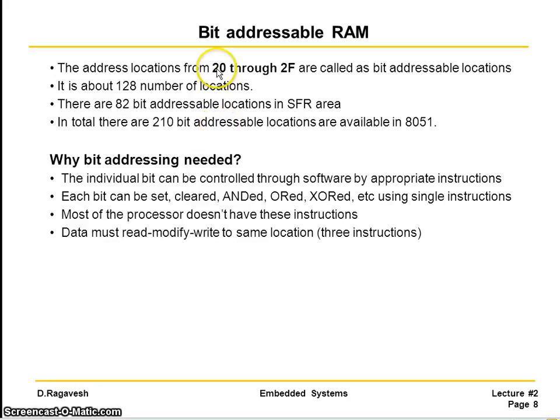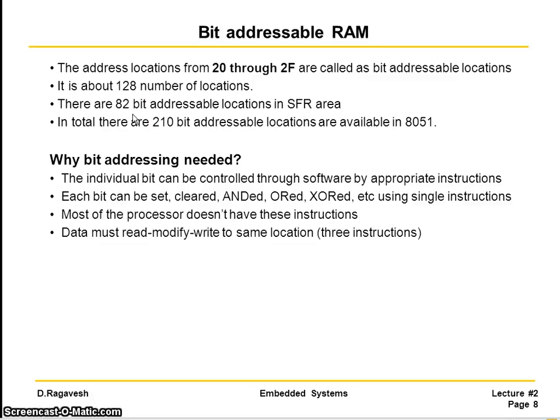And you can see here 20 to 2F, if you count, is 16 times 8, so there are 128 locations. And also in the SFR we have about 82 bits, where we can control the individual bits, making them on or off. Like, to turn on some system we just need to make that bit a 1.